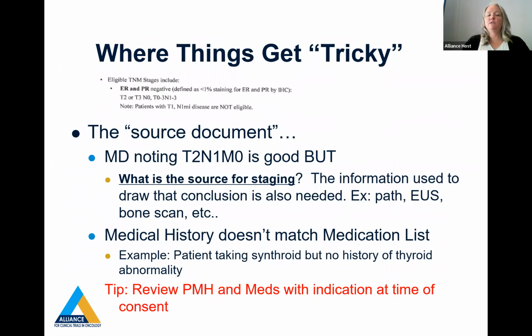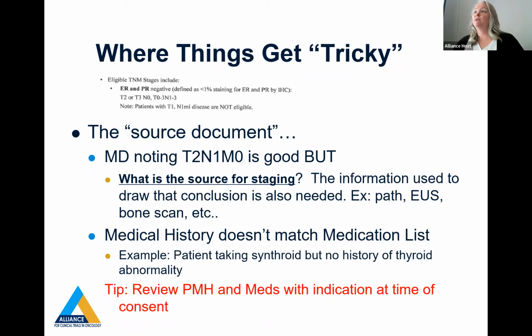So again, another tricky point here is the example about the TNM stage. There are a couple of things there: you have to verify their ER/PR status and then their stage. So really, what do you think is a good source documentation for staging? It may not necessarily be the MD note.